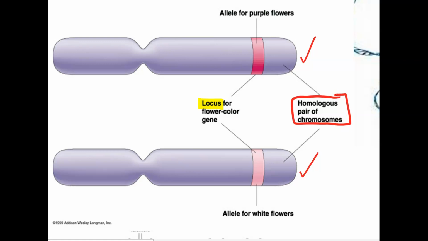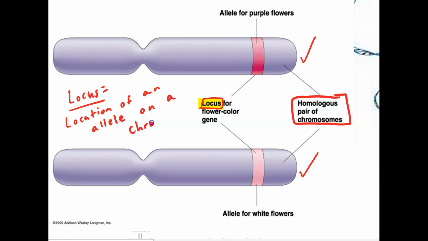All right, so on each individual piece of chromosome, there's going to be what we call a locus, okay? And a locus is going to simply be the location of an allele on a chromosome.